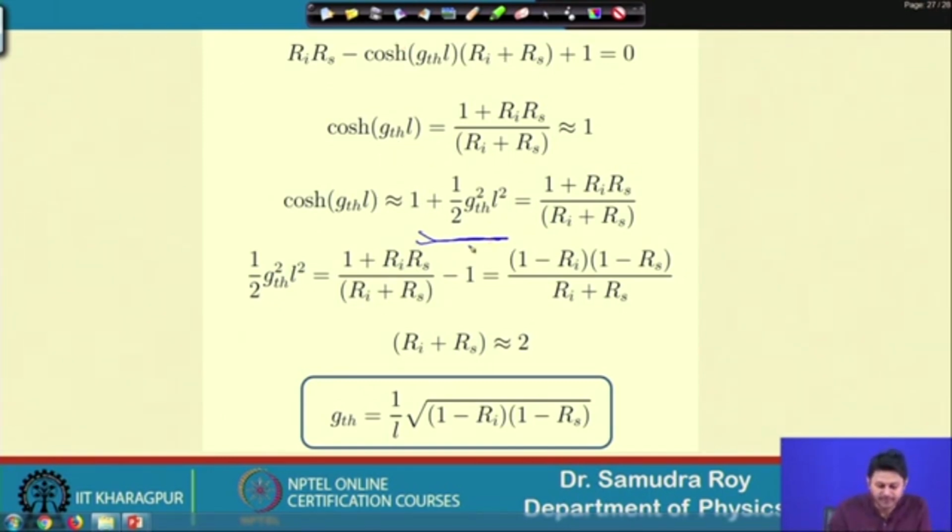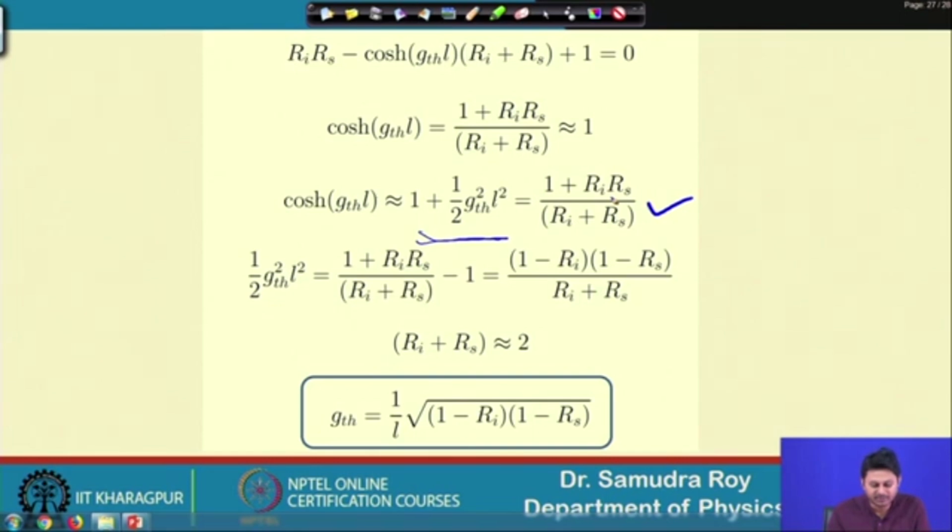Now, from this expression we try to find the value of g threshold. So cosh(g_th L) is equal to this quantity. It is difficult to find g threshold in a compact form, so that is why we make this expansion.